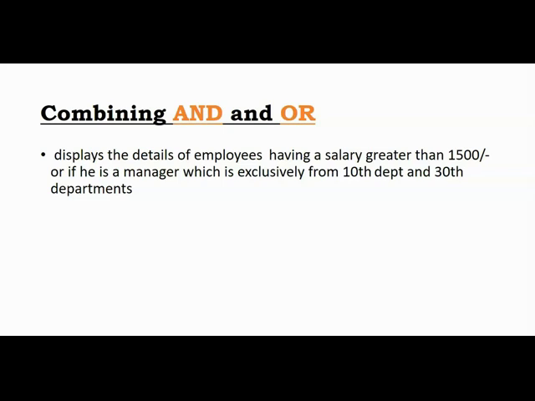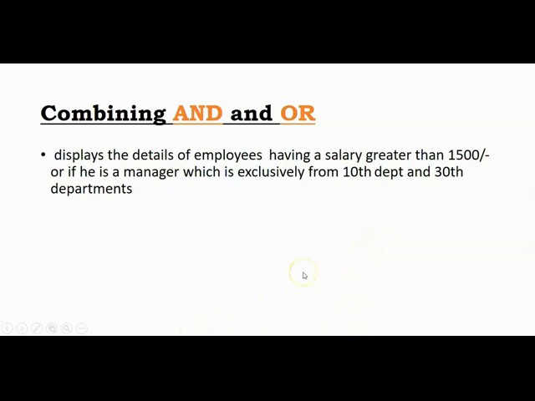From 10th and 30th departments, exclusively. So we can further simplify this. We are displaying all the employees who are managers or who are earning more than 1500 from 10th and 30th departments. All the managers from 10th and 30th department get displayed. All the employees who get salary more than 1500 will be displayed from 10th and 30th department.